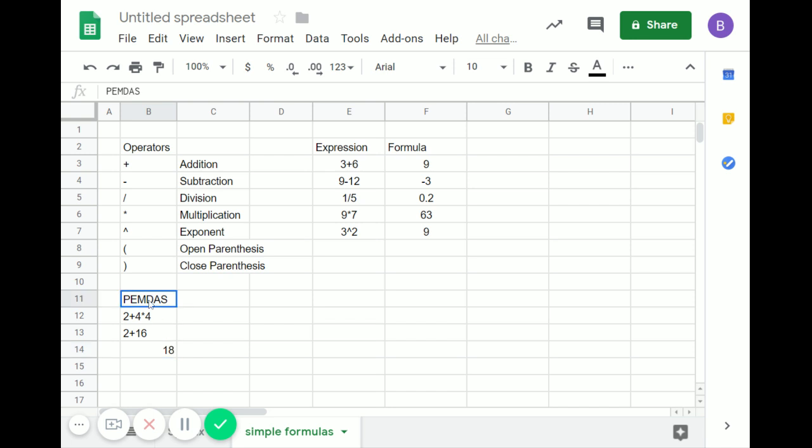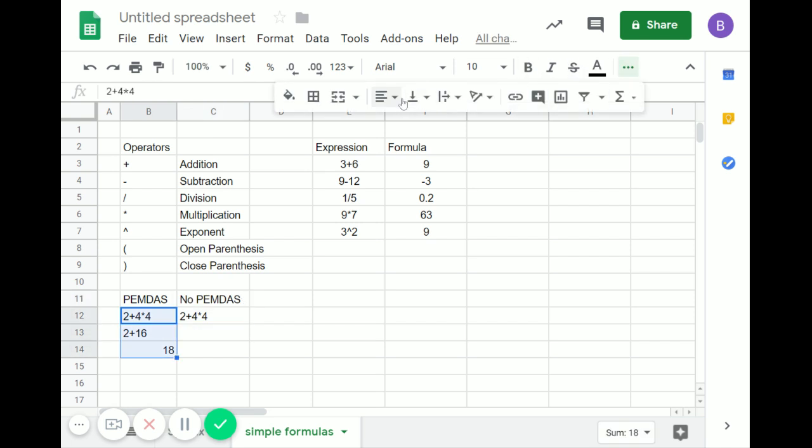Now, if PEMDAS does not exist, let's see what might happen. I'm going to copy that and paste it over here. Go ahead and follow along here so that you have these notes. No PEMDAS. Let me just align this in the center so that we're not overlapping things. Okay, let's do this again.